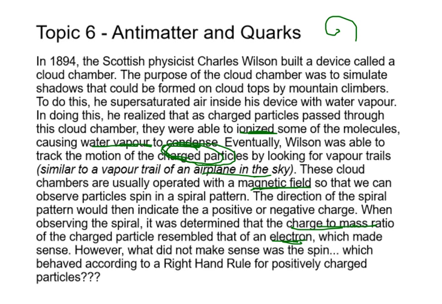I had to use my hand to do this one properly. If they're spinning this way, that was actually a positive particle that would spin this way, because a negative particle would spin this way. And that really confused him. We actually know what this particle is, though. It's called a positron. It is an electron, essentially, but rather than having a negative charge, it has a positive charge.